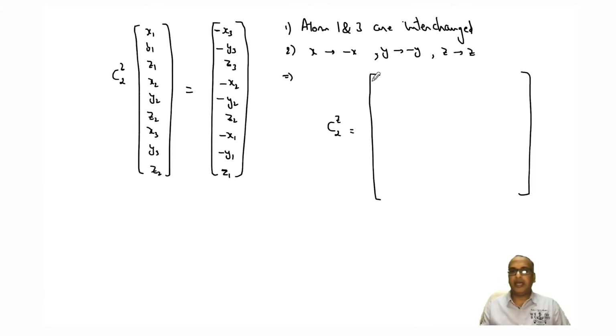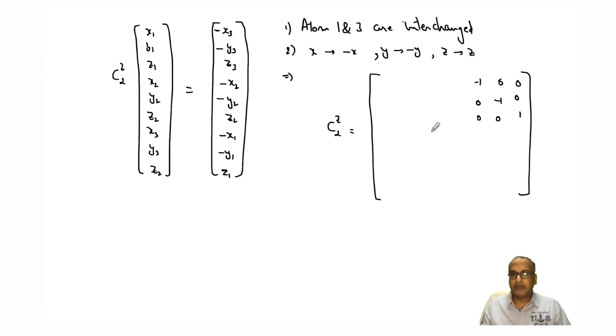Now let's see, x1, y1, z1 goes to x3, y3, z3 and with a negative sign. So I will write minus 1, 1 over here, 0, 0, 0, 0, 0, 0. And my x2 remains at x2, y2, z2 remains at its own position, so that will not change the block.